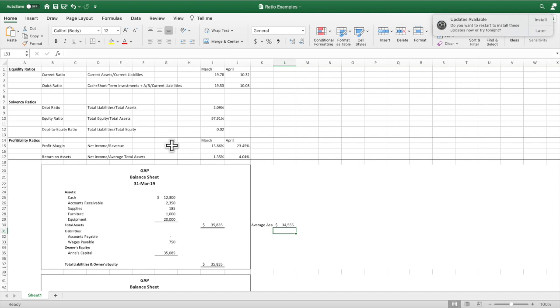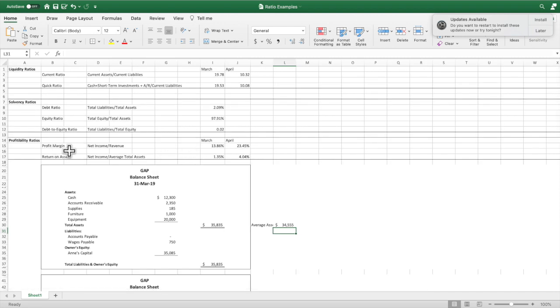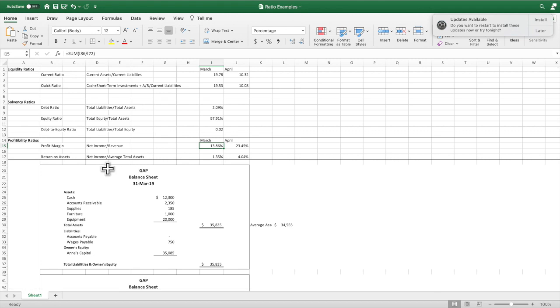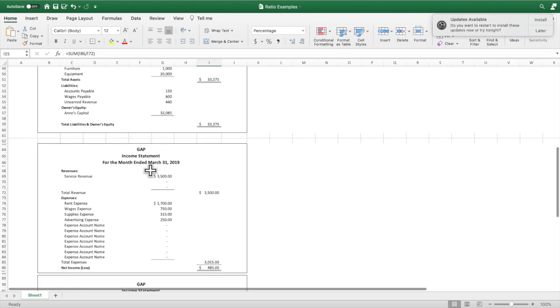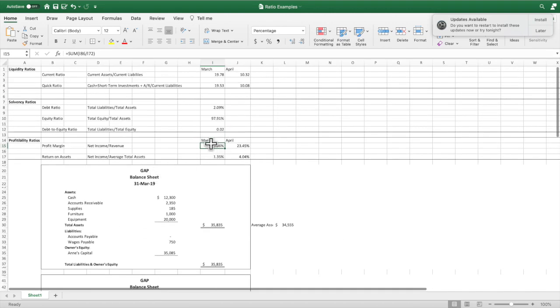So we're going to look at Greater Athletic Performance's profit margin and return on assets. For profit margin, you take net income divided by revenue. We're going to look at March and April, but we're going to need Greater Athletic Performance's income statement. So we have the income statements below the balance sheet.